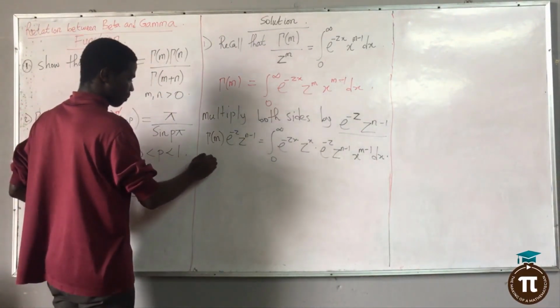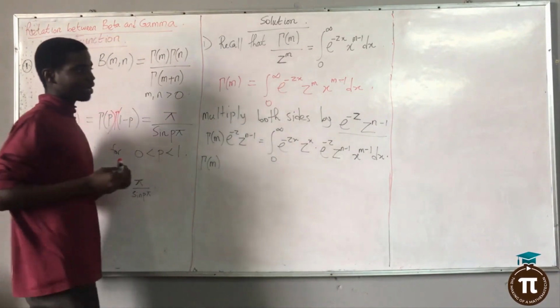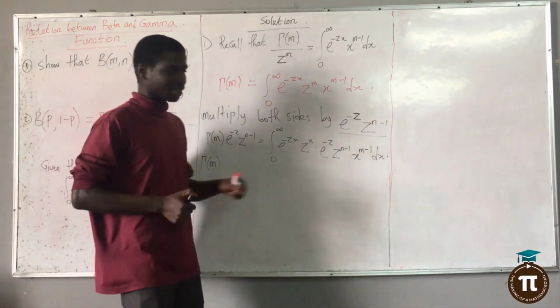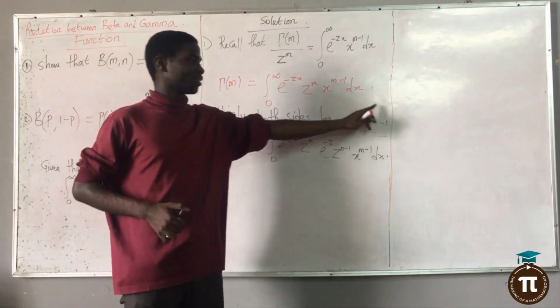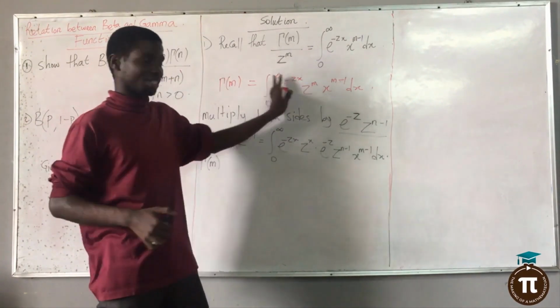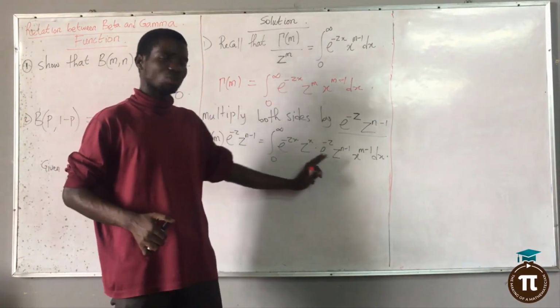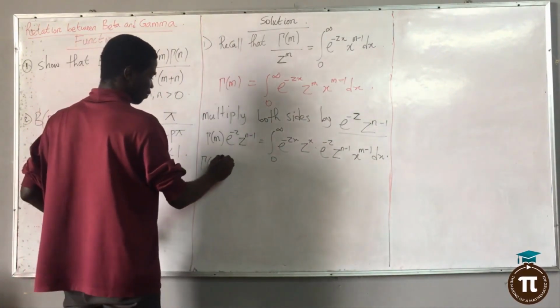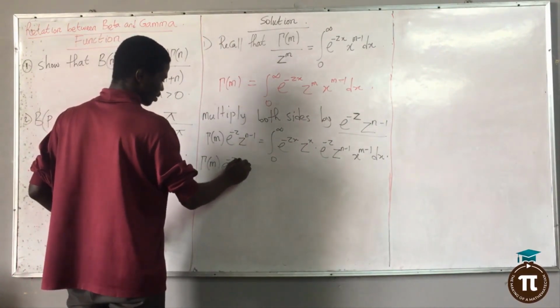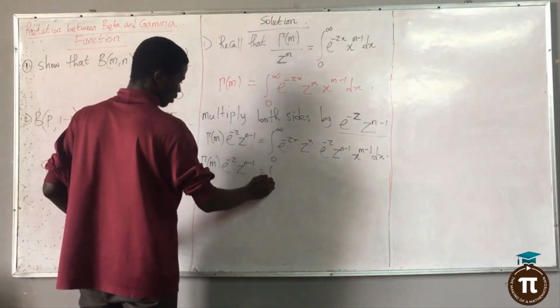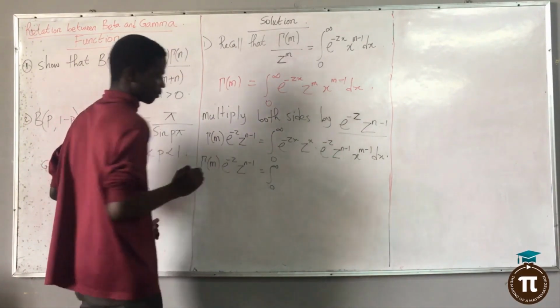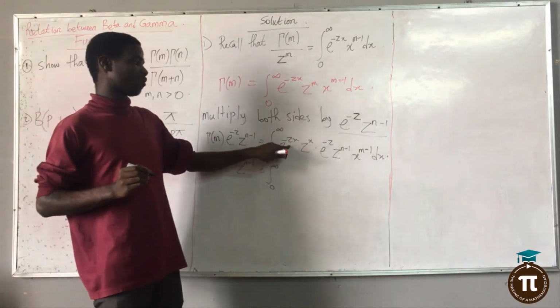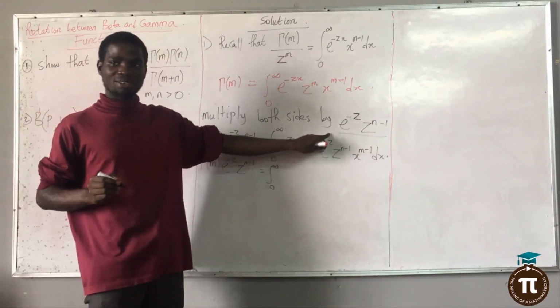I have gamma of m. So in reality, what I've just done here is I've multiplied both sides by this, and this is a constant under this integral, so I can allow it to enter the integral. So I have gamma of m, e raised to the power of minus z, z raised to the power of n minus 1, equal to the integral from 0 to infinity. Now this is e raised to the power of minus zx, e raised to the power of minus z.